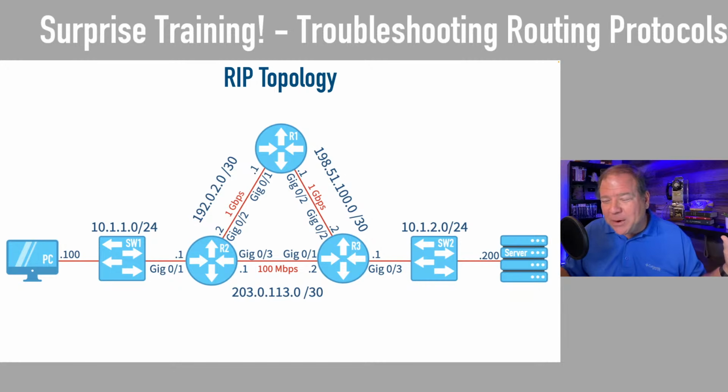So let's see, how many networks do we have? We've got the network between the PC and R2, the network between R3 and the server. We've got those three networks interconnecting. I think we've got 5 networks. So these routers should each see 5 networks, and I want my PC to take an optimal path to get from itself over to the server.